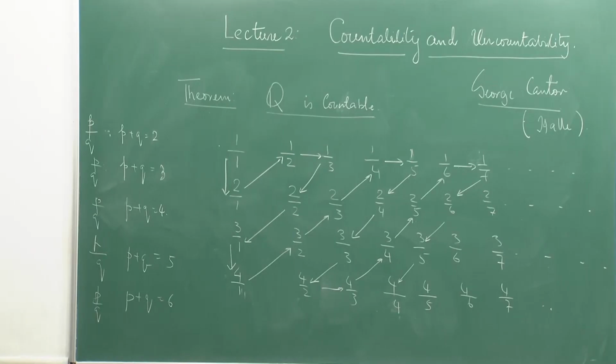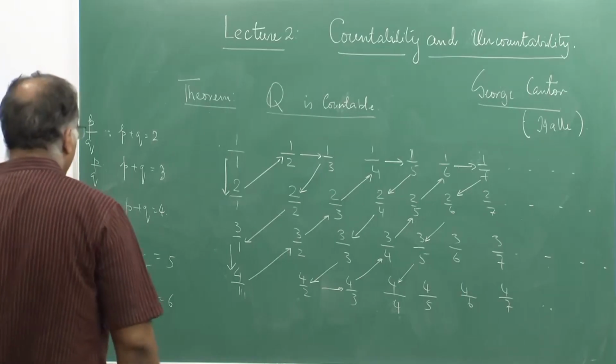Now nobody could come up with a pattern. Of course it doesn't matter if you count a number twice. Basically if you throw away a countable number of quantities from a countable set, you again have a countable set, right? So if you throw away those, you still have it.